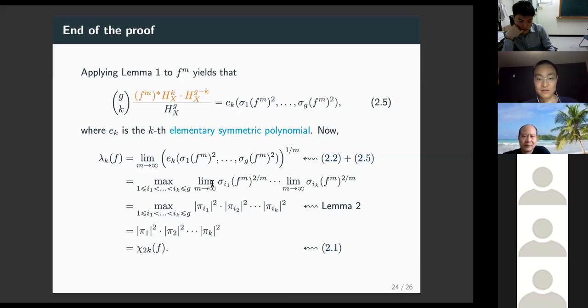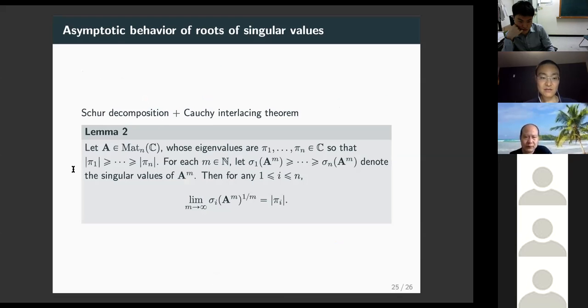Okay, and now the only thing is that these singular values, when we take the mth root, go to the eigenvalues. This is Lemma 2, and it is just linear algebra. So if A is an arbitrary complex matrix, denote the eigenvalues by pi_1, pi_2, ..., pi_n. We list them in this way. And then we let sigma_1, sigma_2, ..., sigma_n be the singular values of A to the m.